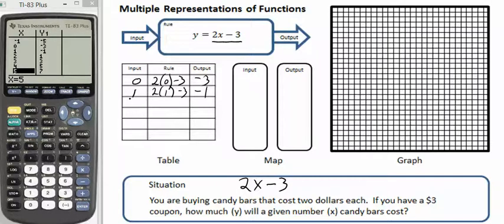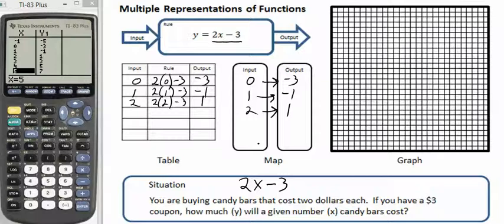So 2 times 2 minus 3, that's 4 minus 3. We'd owe $1 to get those 2 candy bars. Okay, so the mapping goes 0 to negative 3, 1 to negative 1, 2 to 1, and you draw an arrow.